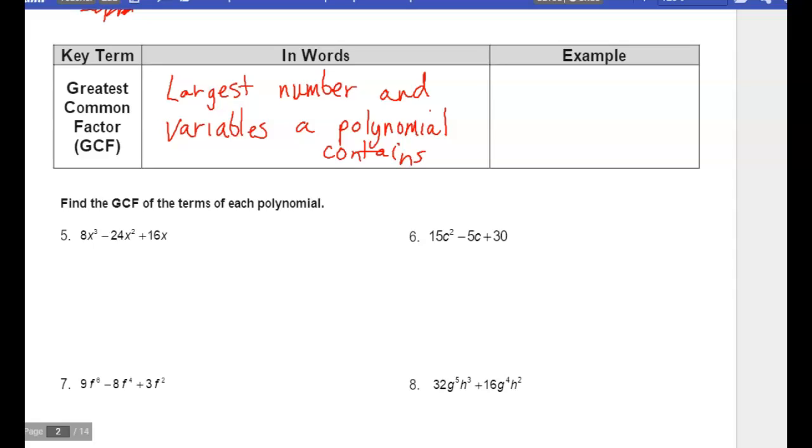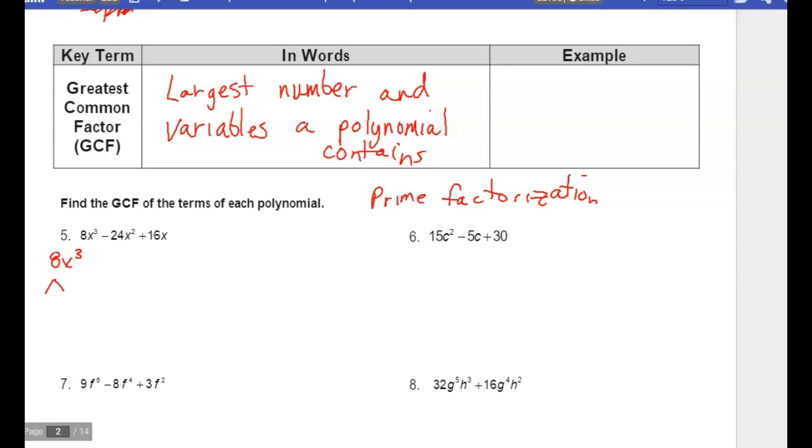What you have to do is you take this 8 and you break it down, and what we do is what's called the prime factorization. And I'm going to do that on the first one, and then I'm going to be done with it. So you take the 8x cubed, and then we got to break it down. Well, what does the 8 break down into?